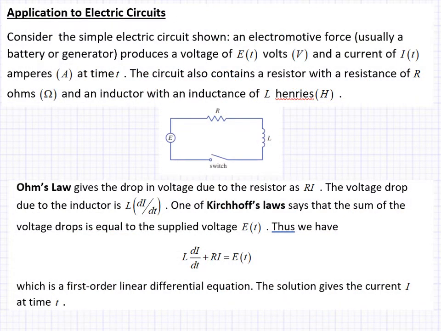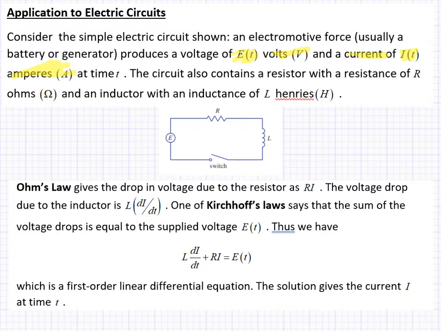So if we consider a simple circuit that we see below, where we have an electromotive force, usually a battery or a generator that produces a particular voltage, E of t, measured in volts. Then we have a current running through this circuit, I of t, measured in amps at time t, and that'll be the dependent variable that we're going to solve for.